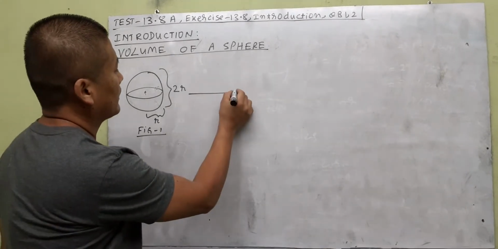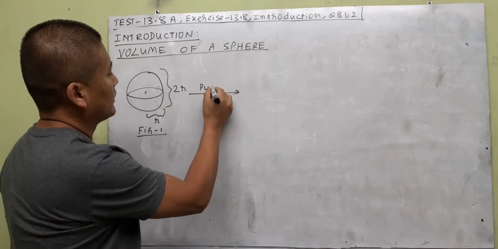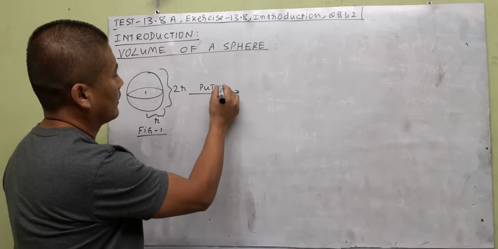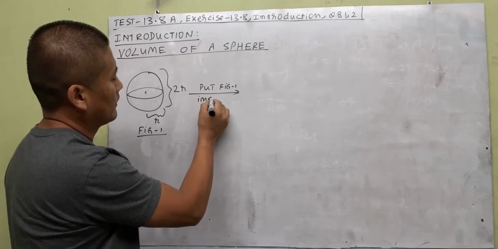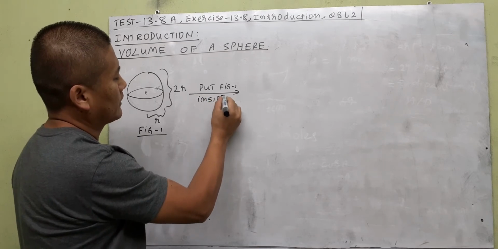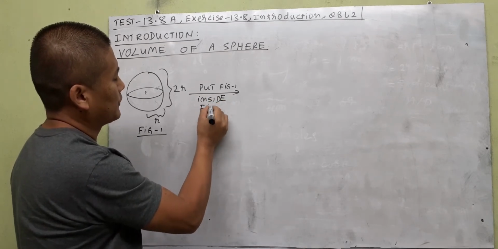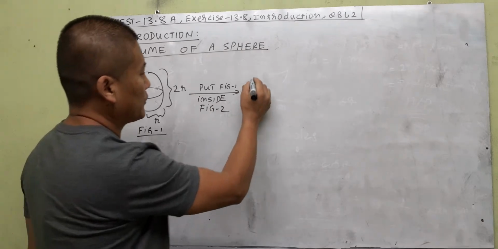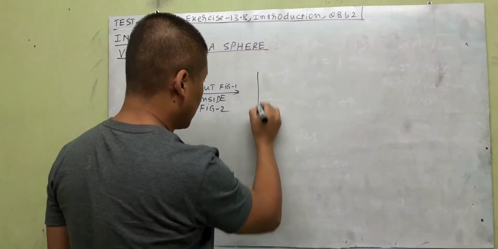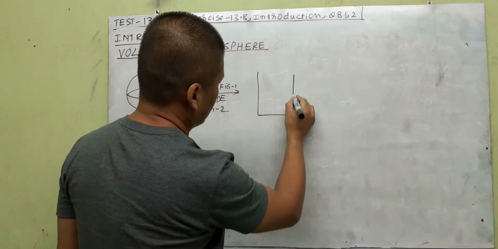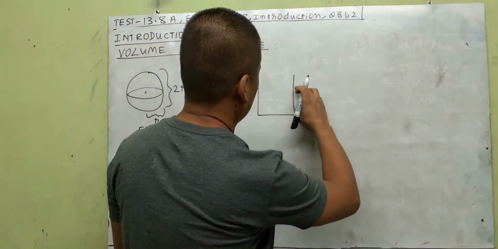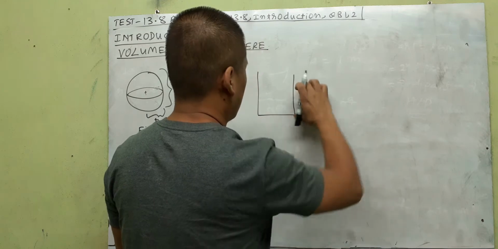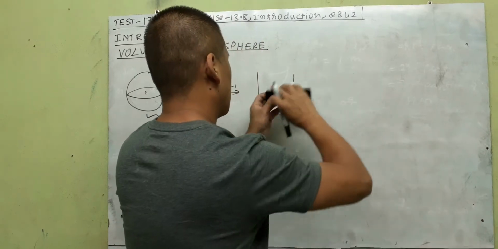Then let us put this figure 1 inside, okay? Figure 2. So what do we mean by that? We take a cylinder which is of the same base radius, around this much.